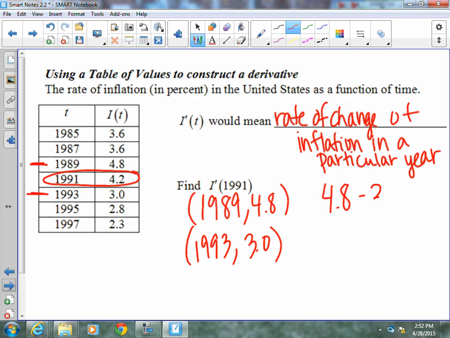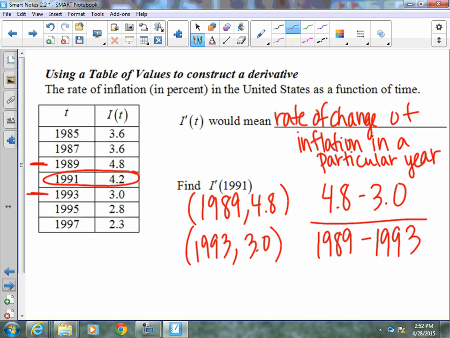So, y minus y over x minus x is going to give us 1.8 over negative 2, negative 4, I apologize, negative 4, which is equal to negative 0.45 per year, percent per year. Negative 0.45% per year.